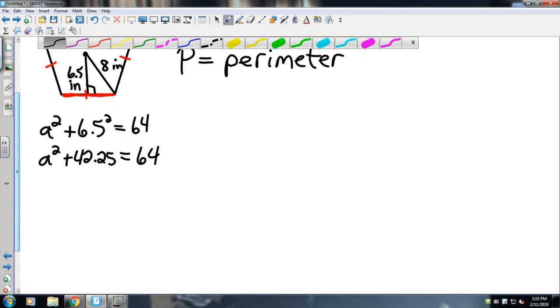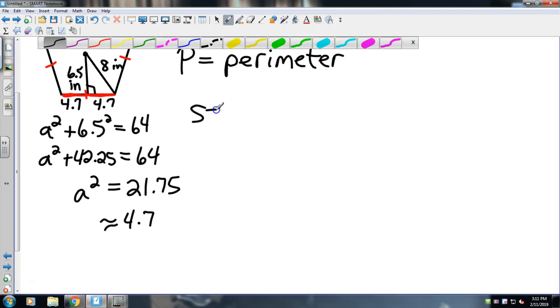And that's going to give me 21.75. And so then I'm going to take the square root of 21.75. And that's going to give me approximately 4.7. So again, that is this distance right here, which means each side is going to be 9.4. So the sides are 9.4.